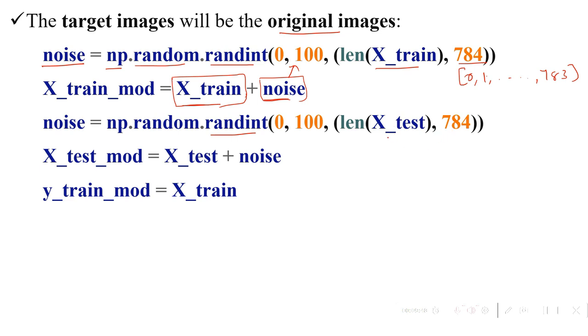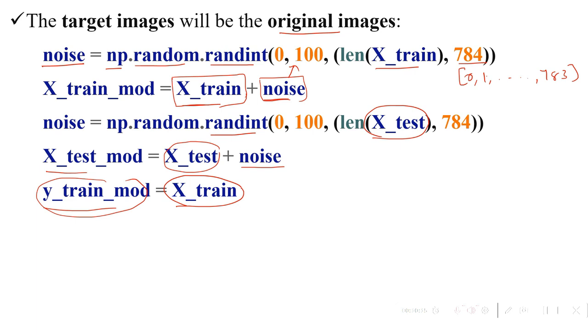That means for the testing data also we are going to have noise. So X_test_modified equals X_test, the original test data, plus the noise. Now y_train_modified is equal to X_train, that is the original training data.